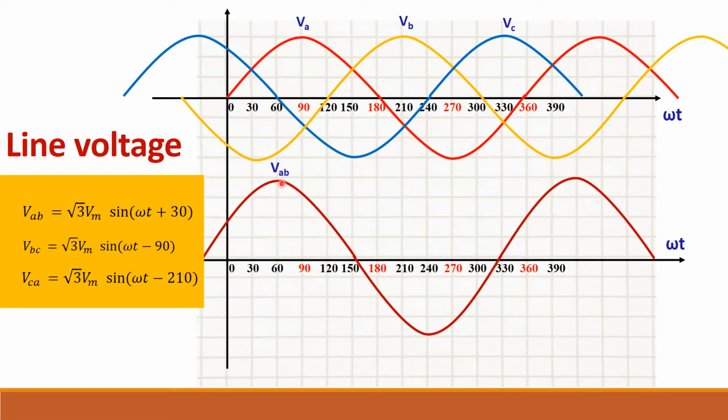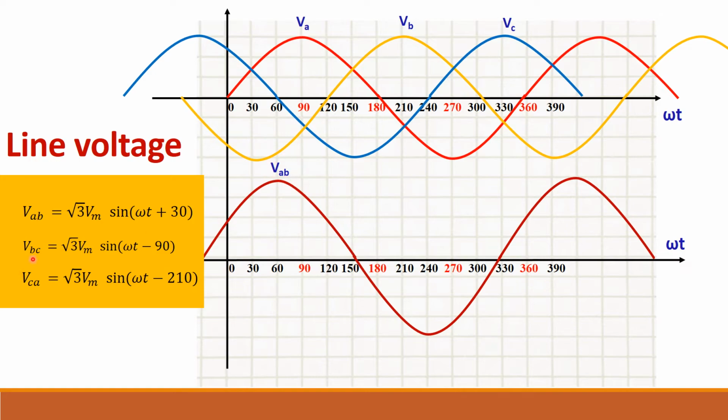I have increased the magnitude to show that it is √3 times greater, so draw somewhat higher in magnitude than the phase voltage. It should start at minus 30 degree and follow the same sine pattern. So VAB we have drawn.